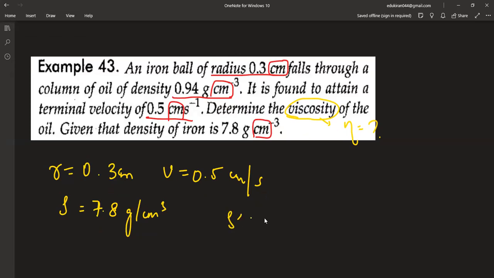And the density of this iron ball, and the density of oil, this is 0.94 gram per centimeter cube. This is for iron. This is for oil.